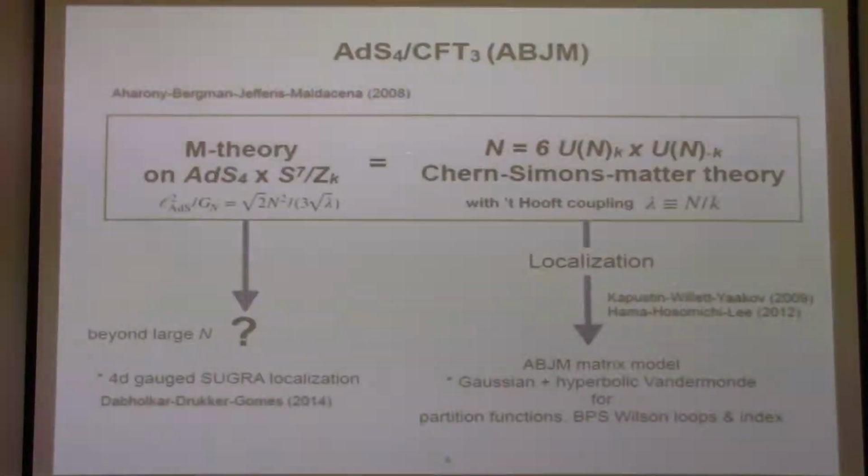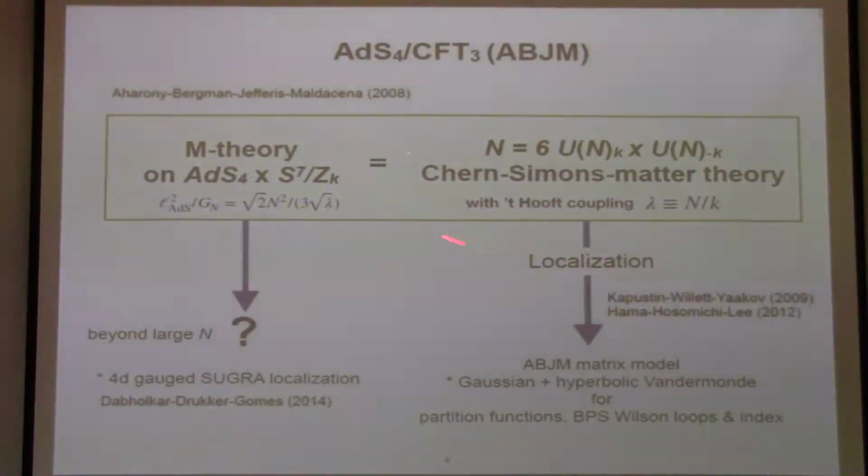Okay. So now, because I focus on ABJM theory, here is what many of you know very well: in AdS4/CFT3, M-theory on AdS4 x S7/Z_k, or type 2A string theory on AdS4 x CP3 in the 't Hooft limit.